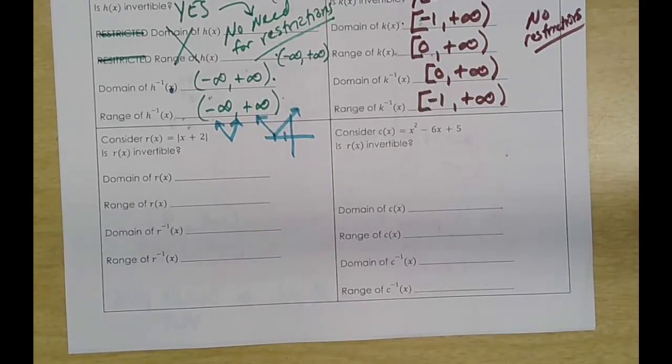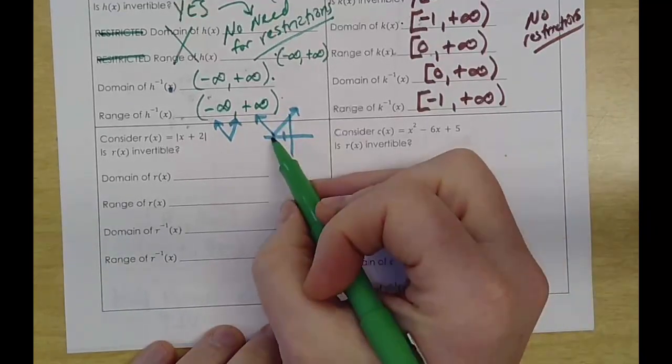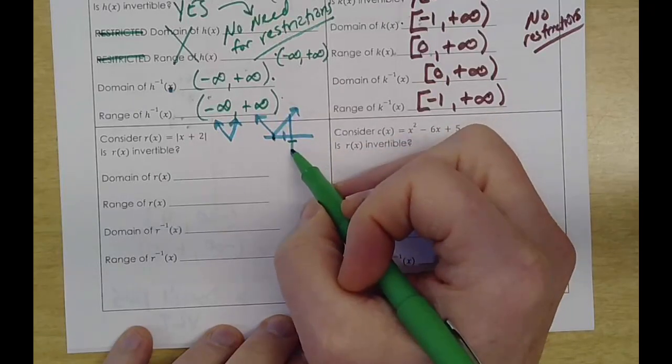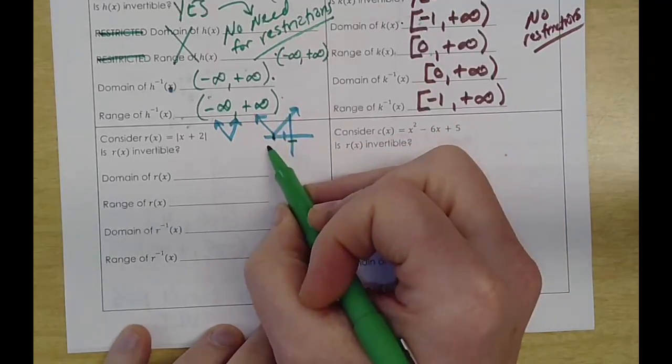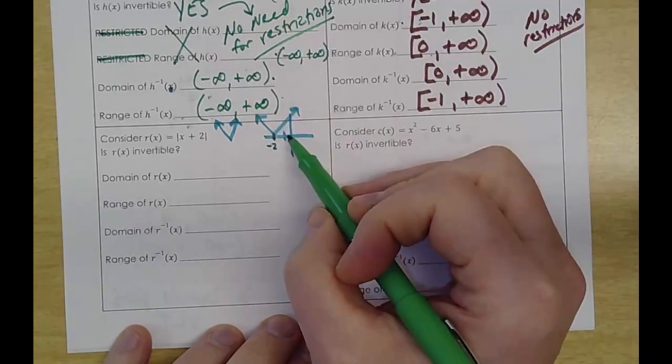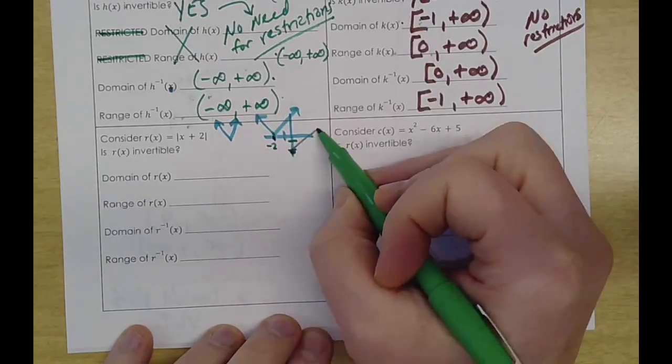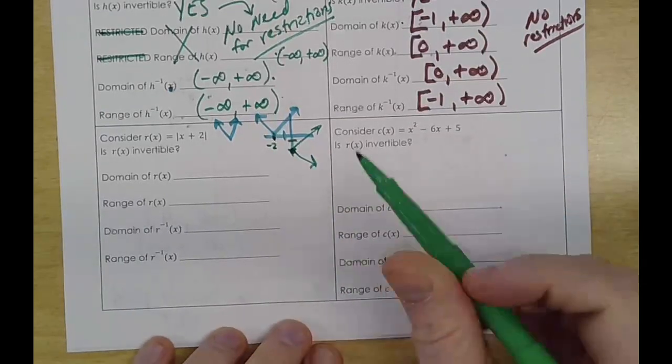The inverse of that, well, that's at -2, 0. So this would be at 0, -2. And that would be a V going this way.